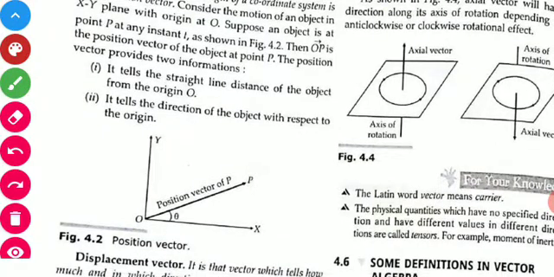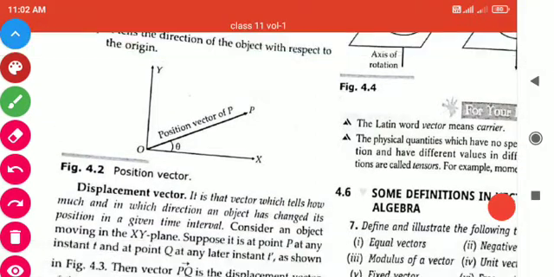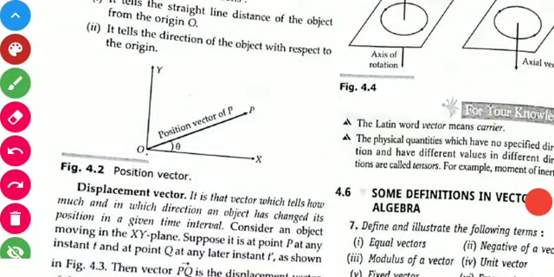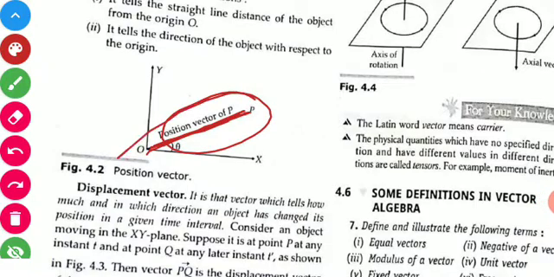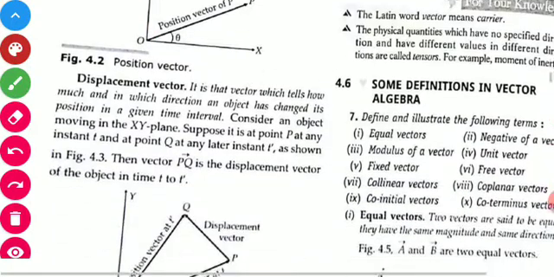Suppose as you can see in the diagram, यहाँ पे कोई P point हमने मान लिया, तो P point की जो position है, ठीक है, with respect to origin, वो ये line बता रही है कि ये इसकी position है. So this is called the position vector of P. ठीक है, तो इस तरीके से इसको हम पोजीशन वेक्टर कहेंगे.